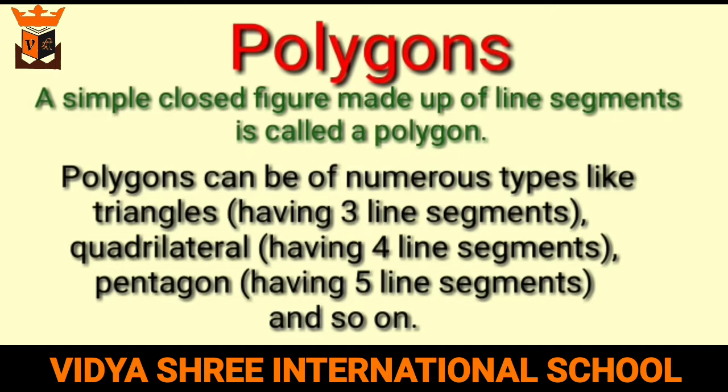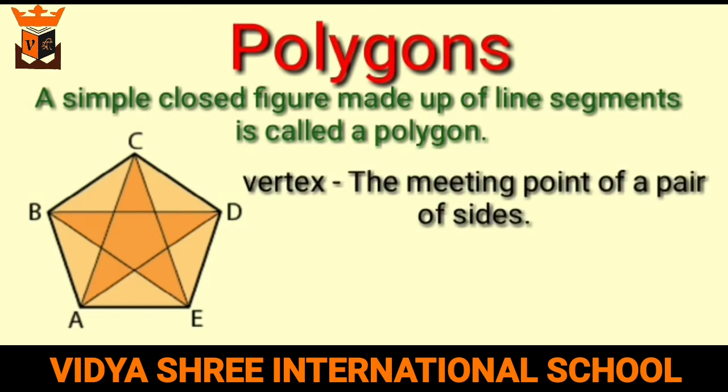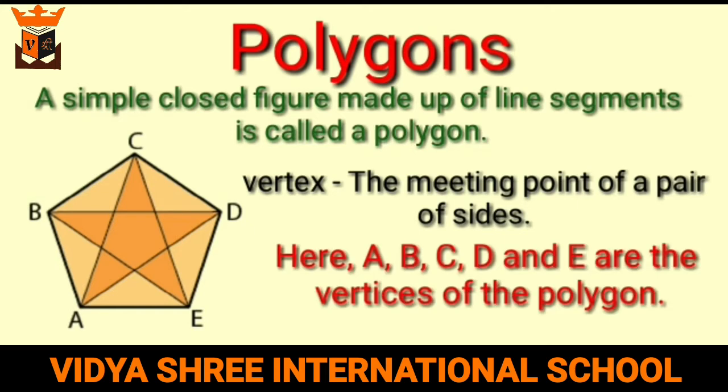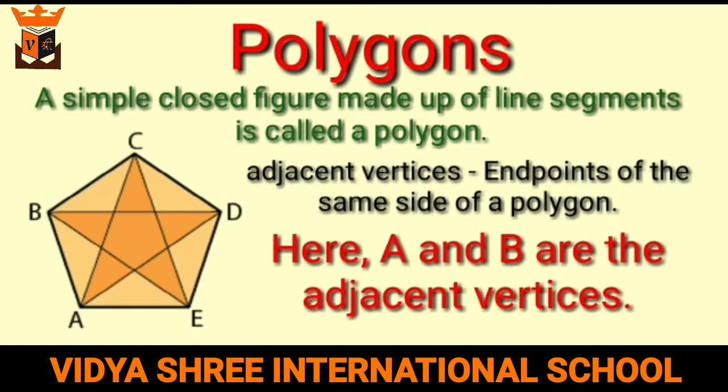Now let us discuss the parts of a polygon. First one is vertex, the meeting point of a pair of sides. Here A, B, C, D and E are the vertices of the polygon. Adjacent vertices, endpoints of the same side of a polygon, are known as adjacent vertices. Here A and B are the adjacent vertices.